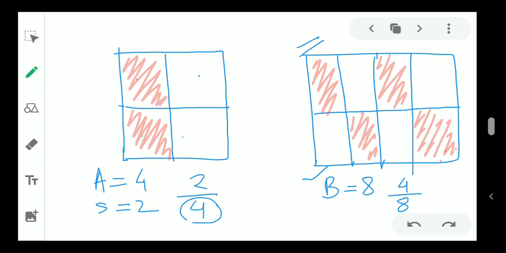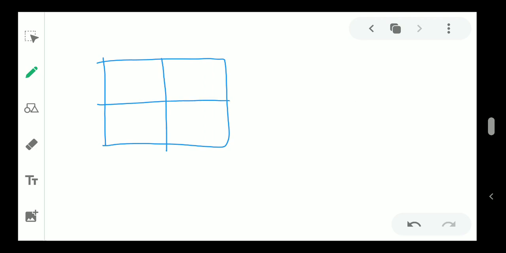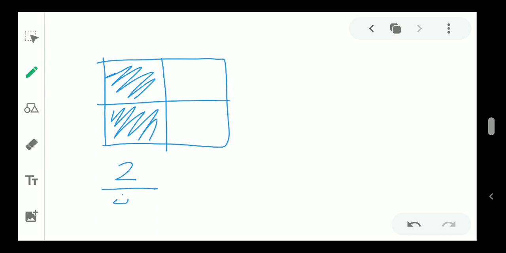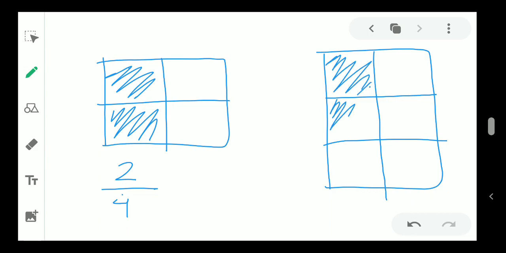But let's say this is not the scenario and you have something like this. Let's say you have the same thing as before, 2 portions colored out of 4 portions, and somebody has something different. Somebody has, let's say, 6 portions, and out of the 6 portions he has done only 2 portions, so 2 by 6.